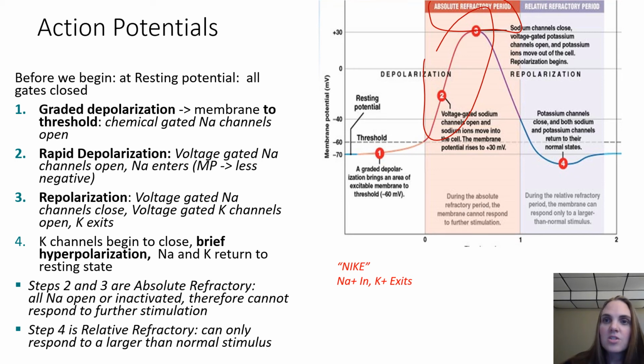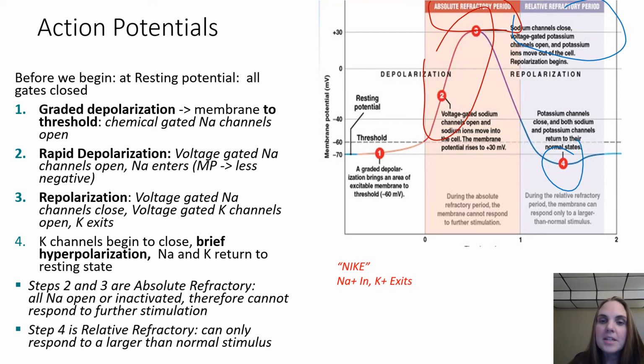And then we have stage 4, which is in our relative refractory period. And this begins when those sodium channels regain their resting condition where they're closed but able to be activated. At this point, they can only respond to a larger than normal stimulus because the local current of sodium ions has to be large enough to counteract the exit of the positive potassium ions that are still exiting the cell.